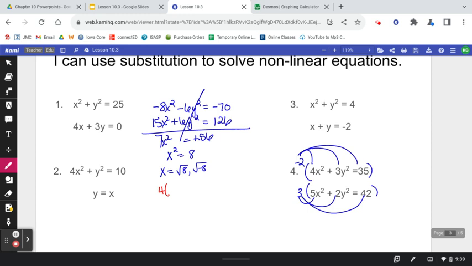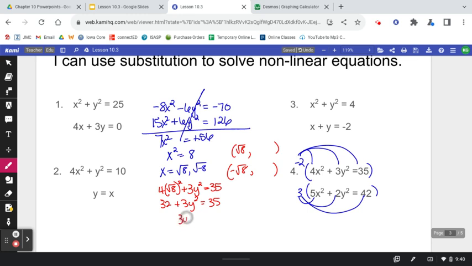So I have 4 times the square root of 8 squared plus 3y squared equals 35. So when I do this one, I'm going to get 32 plus 3y squared equals 35.